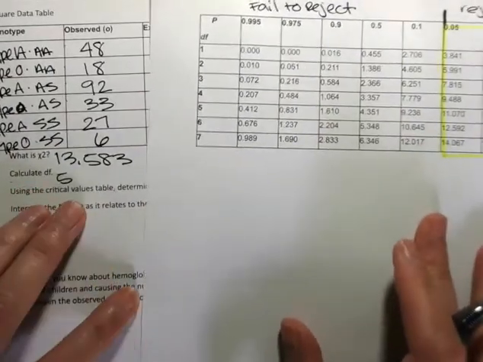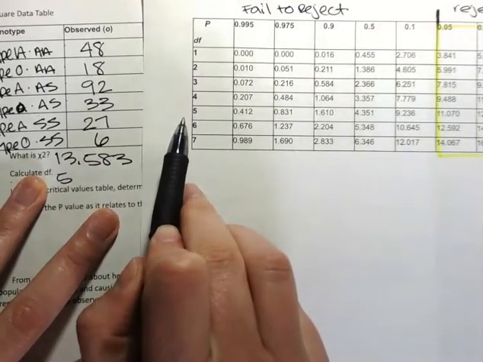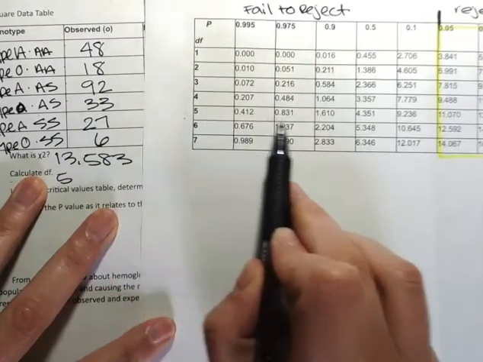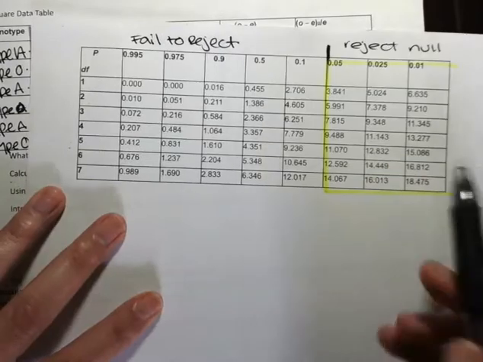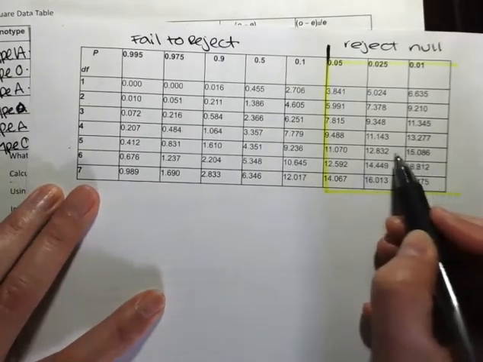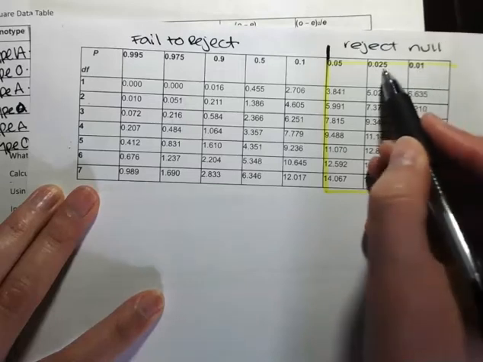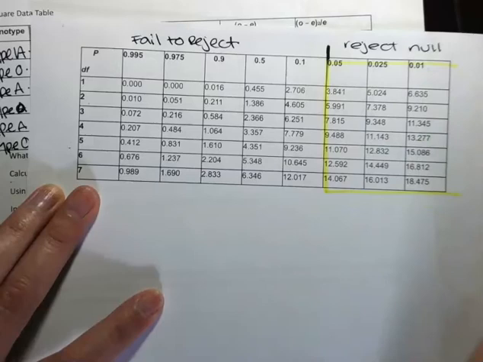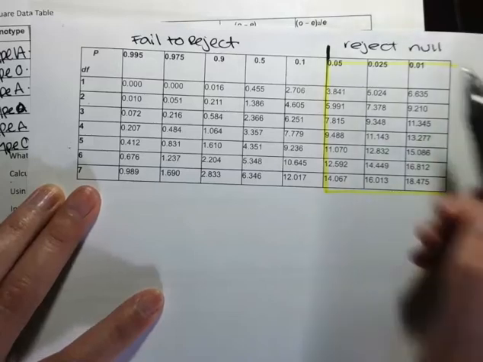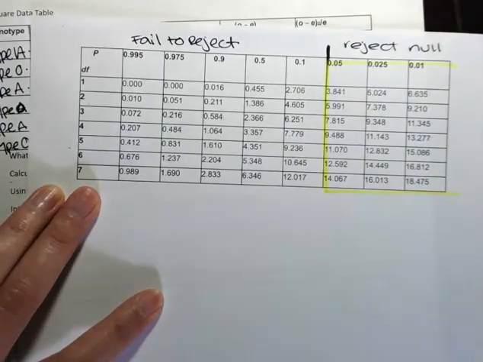So I've got 5 degrees of freedom, and I'm looking for 13.583, so I'm going to work my way along. Okay, so it's going to be somewhere between 0.025 and 0.01, so 2.5 and 1% probability that difference is happening by random chance, and so we're going to reject the null hypothesis.